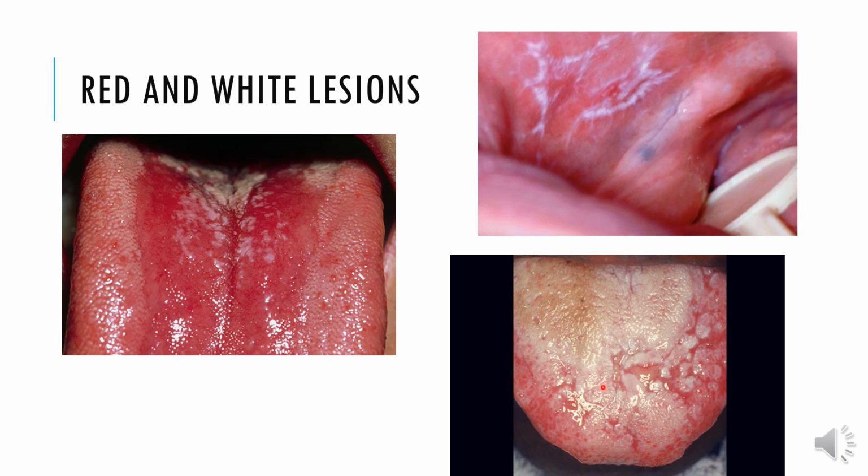Having said that, it's also bilateral, that means on both sides of the tongue. So you should be thinking of pemphigus, pemphigoid, bullous lichen planus and similar diseases. So if you had given median rhomboid glossitis for this, you would be going wrong because you've missed this ulcer which is seen here.